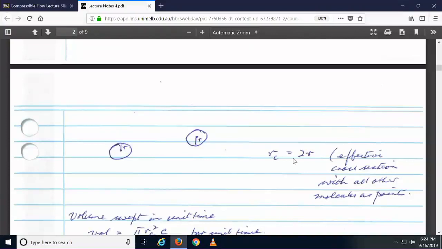So this particle with a disk of diameter 2r is now going to sweep out a volume. And how big would that volume be?